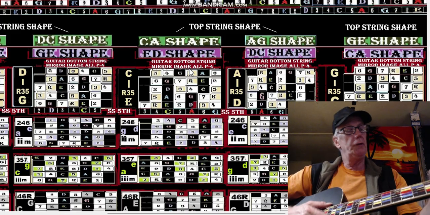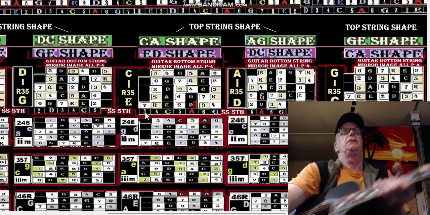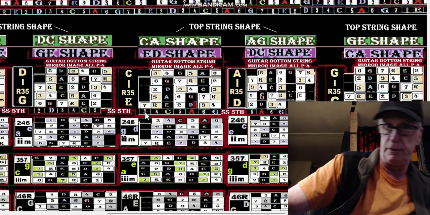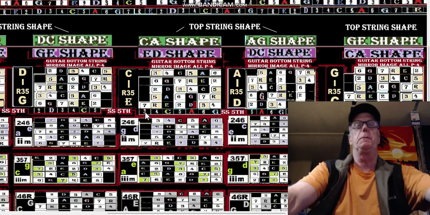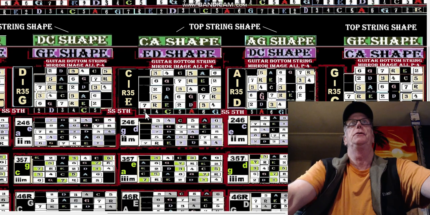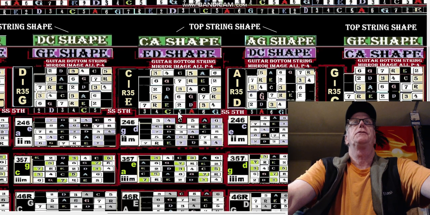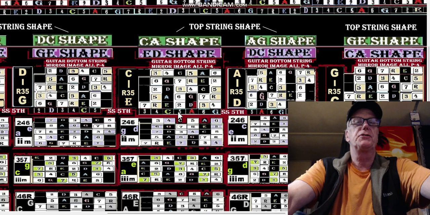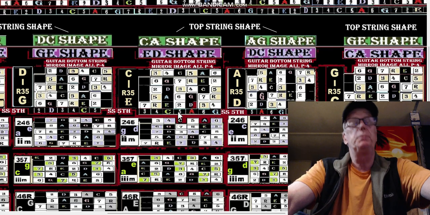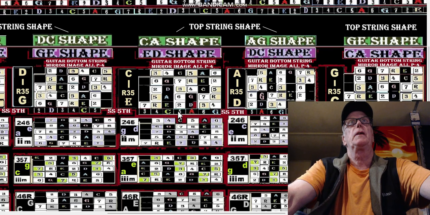But below this string is an imaginary string, which is the reflection of the perfect P4 guitar tuning, 3, 4, 5. Okay, it's a reflection of the top string, which is a duplicate anyway. I just put it there for reference.